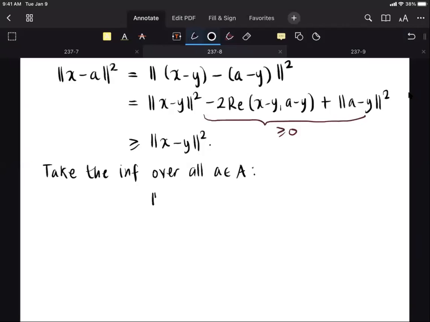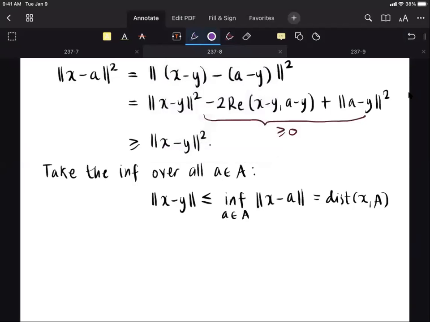So the norm of x minus y, here we already took the square root, must be less than or equal to the infimum of the norm of x minus A. Take note that this is the distance by definition.